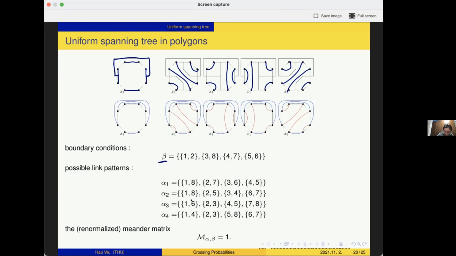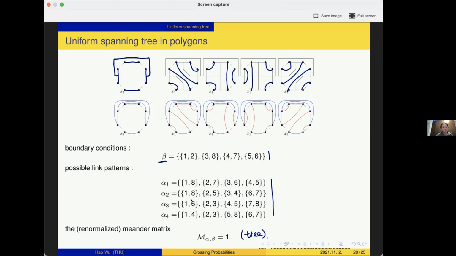And for all the possible link patterns, we mean how the 4 Peano curves connect between the 8 marked points, and it will also give us a planar link pattern alpha. In order for these two to match up to be a tree, we require that the meander matrix between the 2 patterns, alpha and beta, has to be 1. So this is the restriction given by the tree.